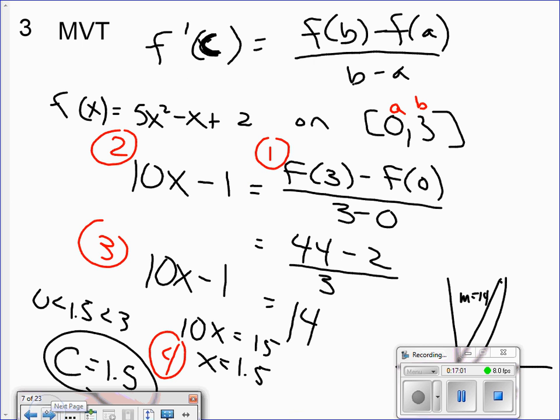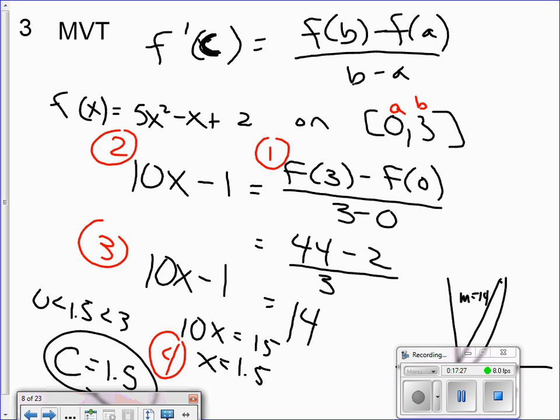Let's illustrate the mean value theorem. For 3, this is kind of like one of the second do nows. They said find the value c guaranteed by the mean value theorem for the function 5x squared minus x plus 2 on the interval from 0 to 3. For the mean value theorem, first thing you want to do is get the slope of the secant.